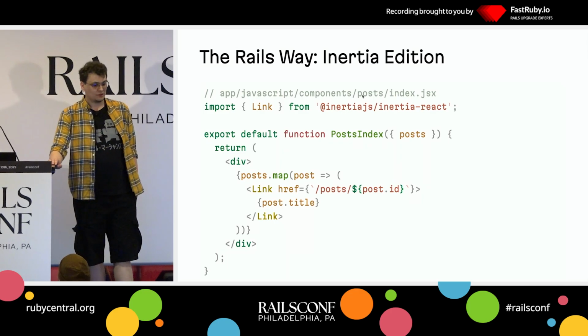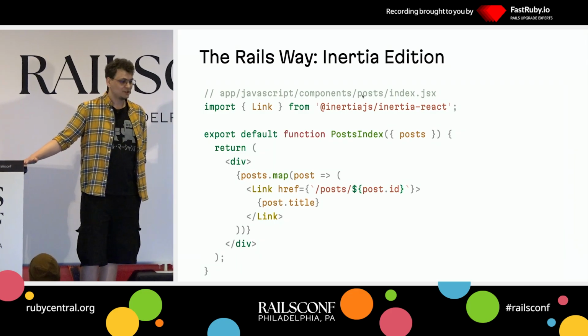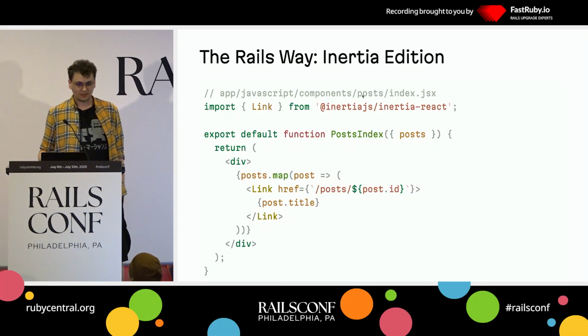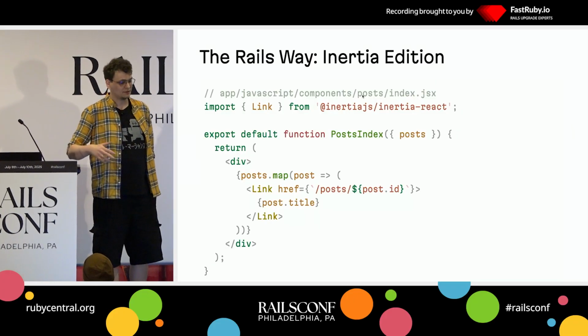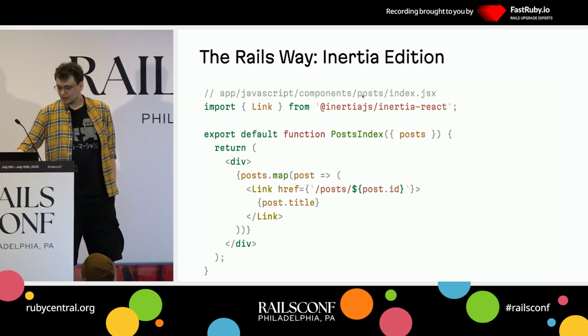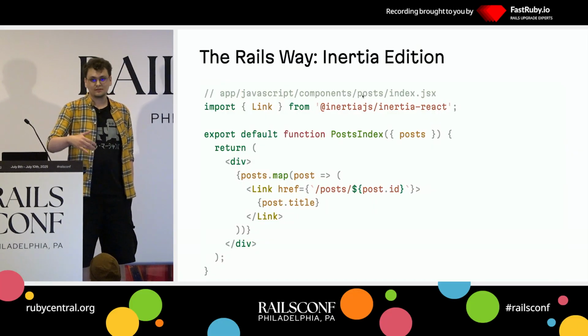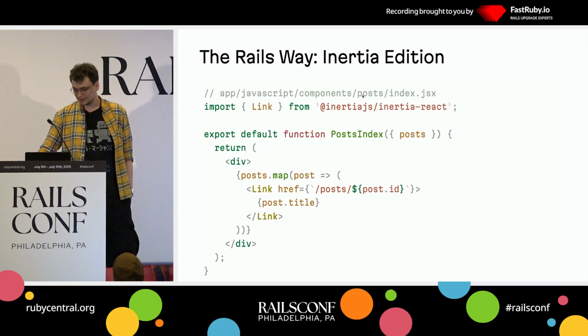The beauty of Inertia is that it gives you the best of two worlds. You don't need to manage APIs or something like that. It just replaces your ERB layer with, say, React components. So you have all the beauty of the Rails way plus all the greatness of the JS ecosystem.